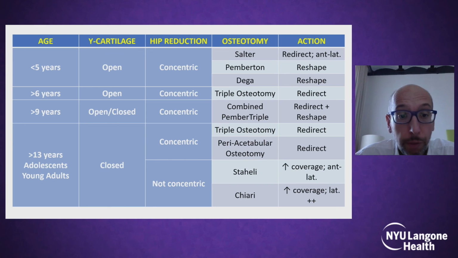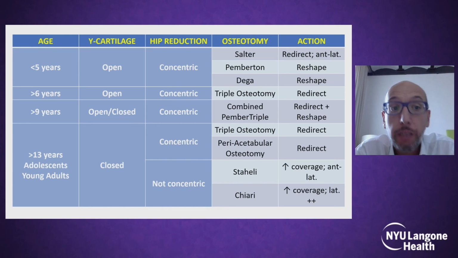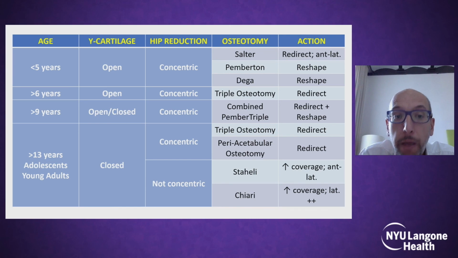So to conclude, I'm sorry my presentation got longer because there is some slow transition in between slides. I try to summarize all the concepts in this final slide. It is important to take into account when making your decision the age of the patient, the status of the triradiate cartilage, and the type of reduction you could achieve with the initial treatment, whether it is concentric or not.